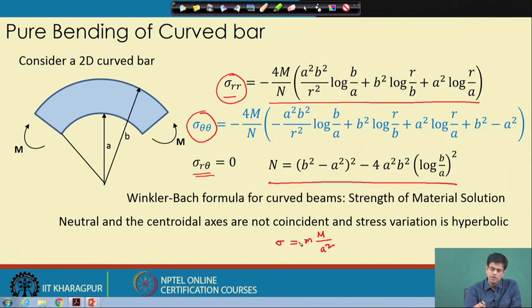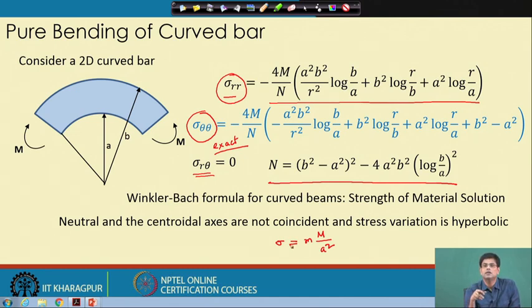If we compare these two solutions, the exact sigma theta theta and the Winkler-Bach solution, we can easily see that the Winkler-Bach formula gives a very nice, very accurate approximation to the exact result.